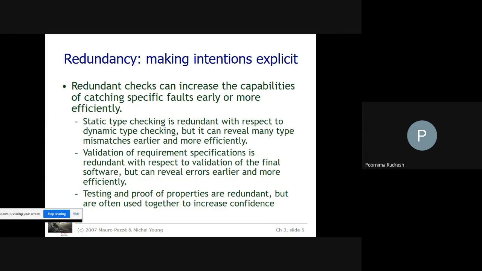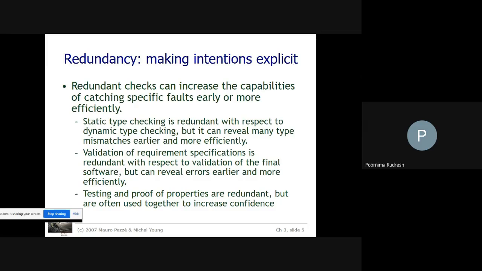And here we can exploit the redundancy with the help of static and dynamic checking. So here the static type checking is redundant with respect to dynamic type checking, but it can reveal many type mismatches earlier and more efficiently.